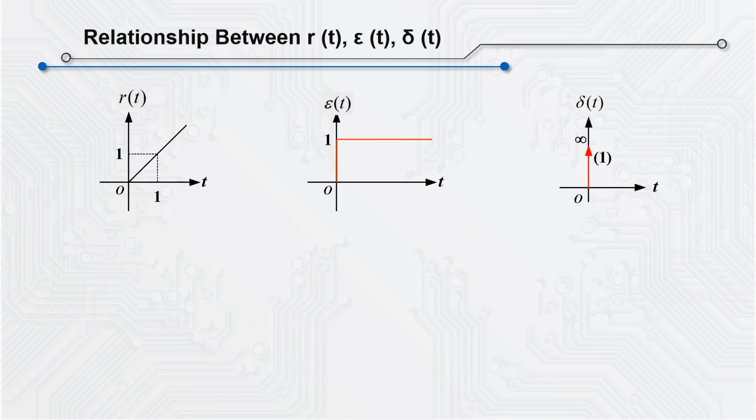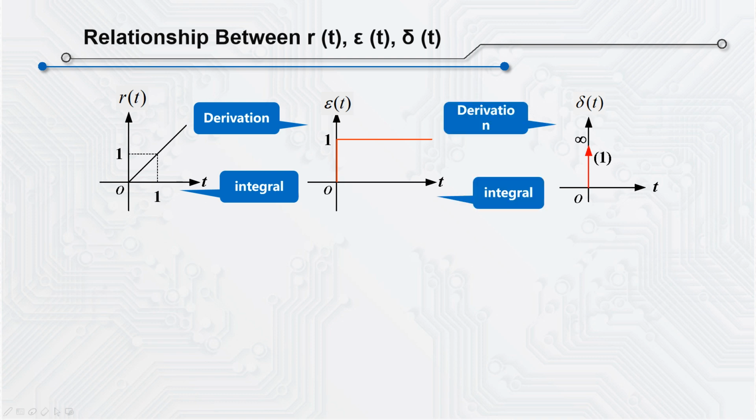Let's summarize the relationship between r(t), ε(t), and δ(t). The left figure is the waveform of r(t). The middle is the waveform of ε(t). The right is the waveform of δ(t). The derivative of r(t) is ε(t). The integral of ε(t) is r(t). The derivative of ε(t) is δ(t).